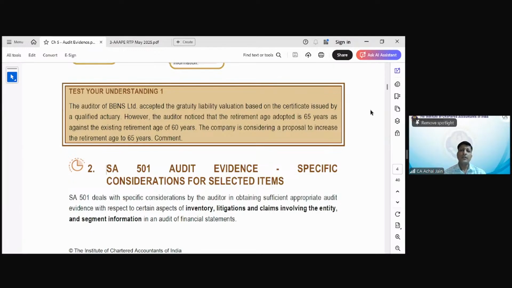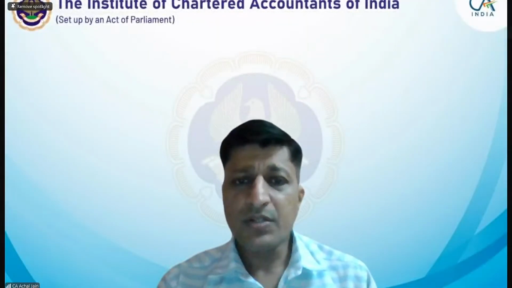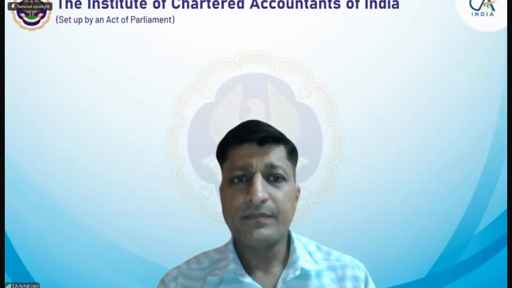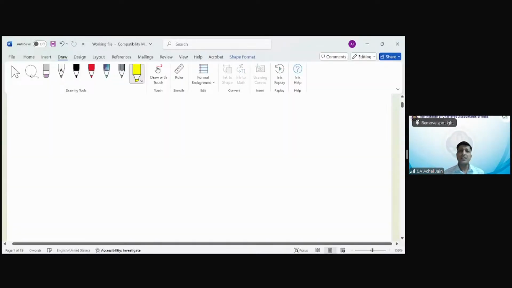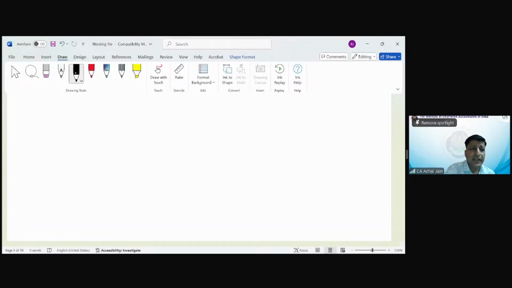So now, let's talk about inventory. Inventory, which is generally considered to be an important area in the financial statements.